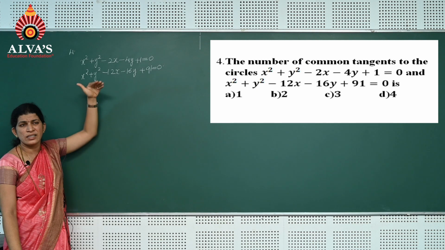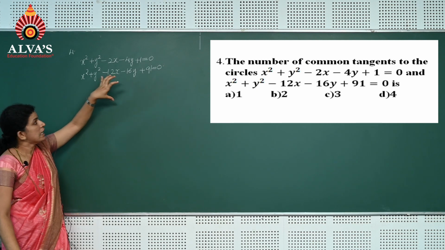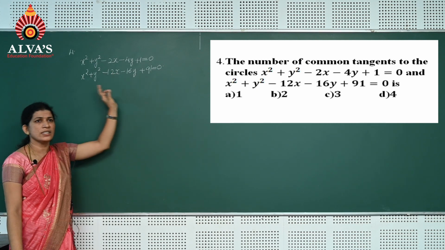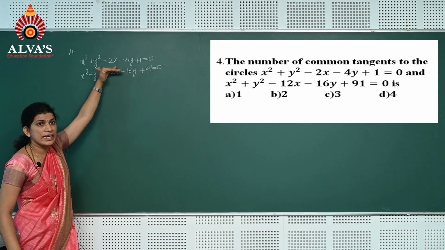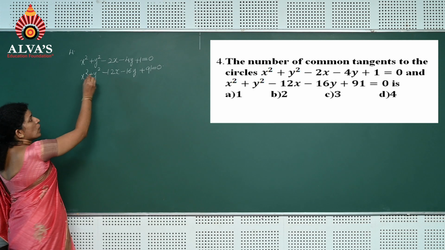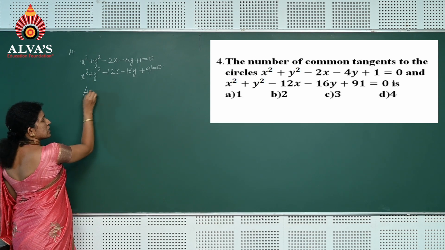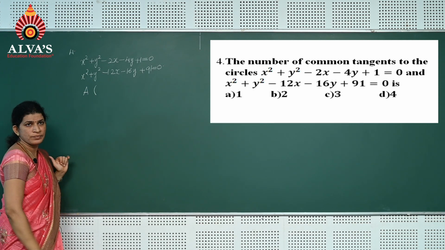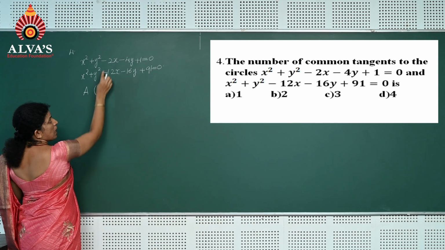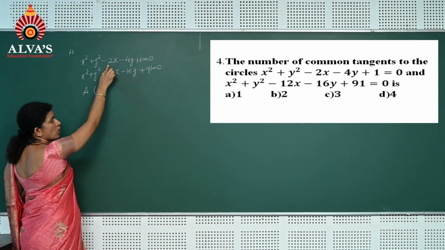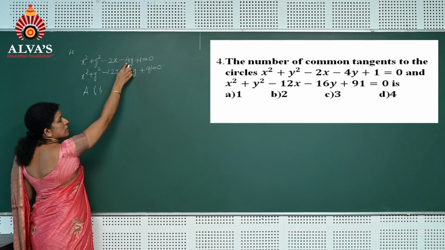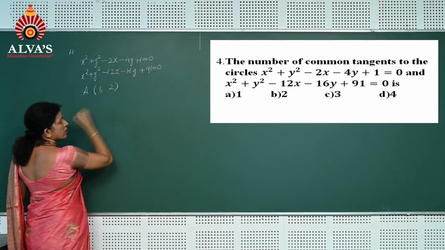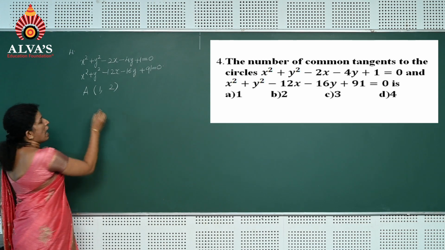We know that the number of common tangents depends upon the distance between the centers of the circles as well as the radii of the circles. So let us take A as the center of the first circle. We know the center is nothing but minus half of the coefficient of x, so that it is 1, minus half of the coefficient of y, that is 2.